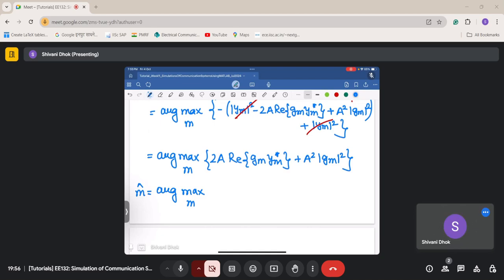Also a is common, I can take it out. So what I'll get is real part of gm ym conjugate plus a |gm|^2 by 2. So what I did from here to here is divide by 2a. Since 2a is greater than 0, nothing will change, and this is the final decision rule.